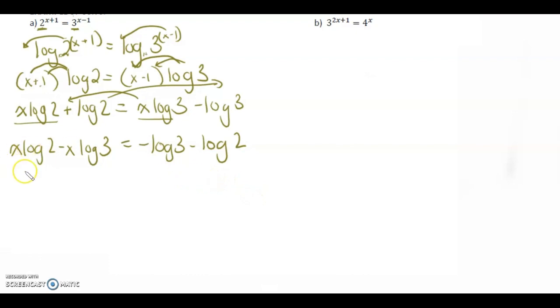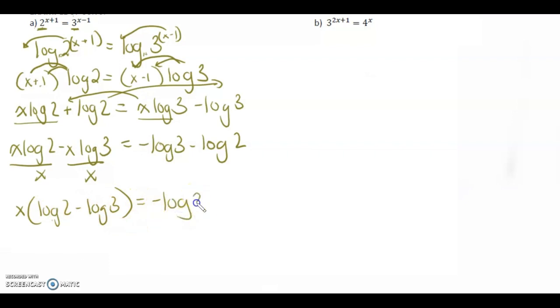Okay, how I isolate for x is by common factoring the x out of the first two terms. So I'm going to have x times log 2 minus log 3. Log 2 minus log 3 is just a number, and it's going to equal negative log 3 minus log 2.